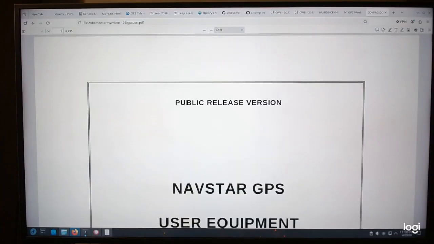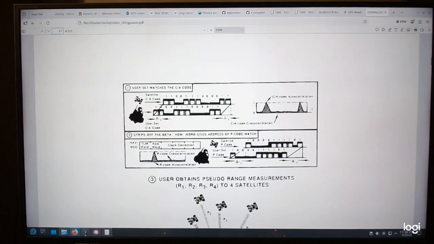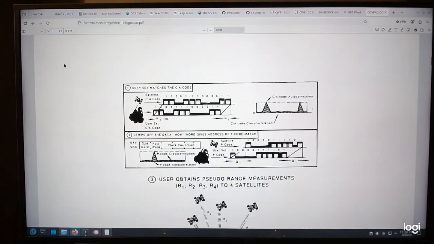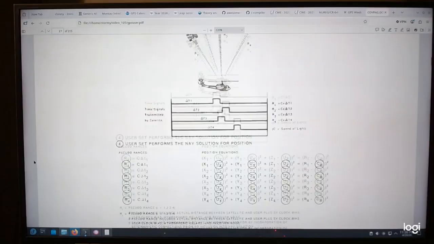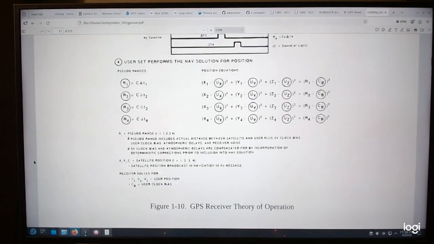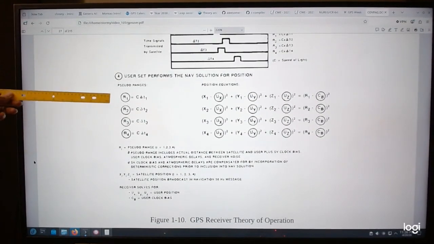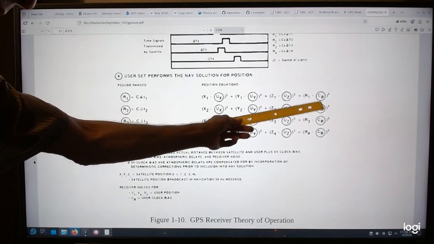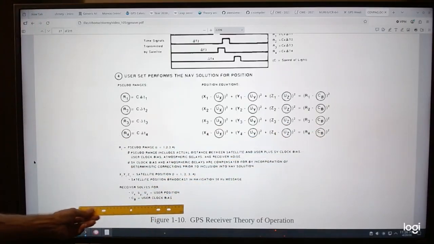I think it's a Navy or Coast Guard publication, page 27. Let me scroll down a little bit. These are those 4 equations he's talking about. And the CB, see that CB right there? That's the clock bias for the user.